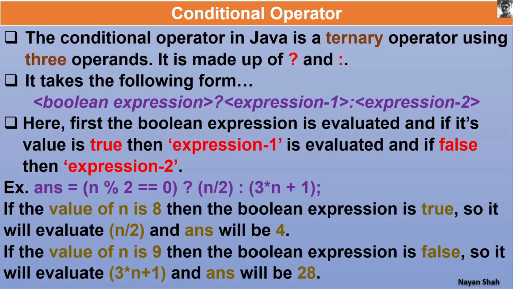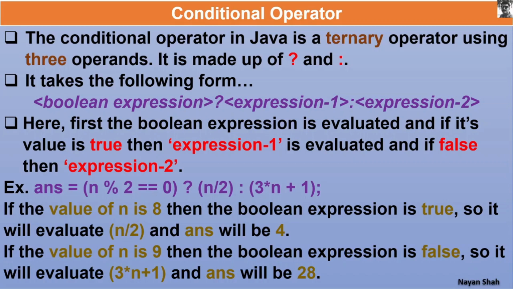Since it is false, it will evaluate the expression after the colon sign, that is 3 * n + 1. So it will do 3 multiplied by 9, that is 27, plus 1, that is 28. So answer will become 28. I hope you understood this conditional operator.